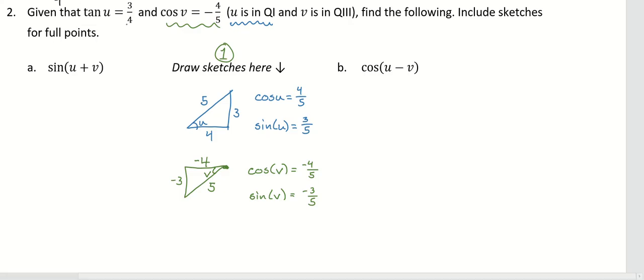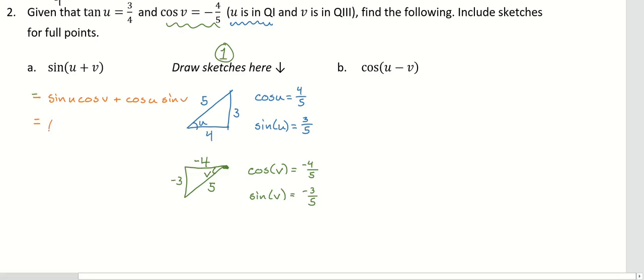Looking at these, I'm just going to plug and chug through this. So I know that this formula will become, and I'll do this one in a more fun color, orange-ish. Check it out. This is exactly equal to sine U cos V plus cos U sine V. Now it's just a matter of plugging and chugging based on this work here.